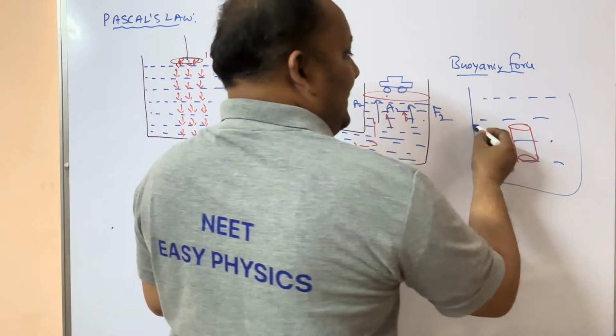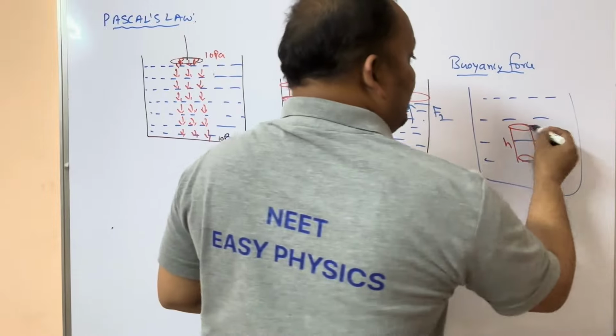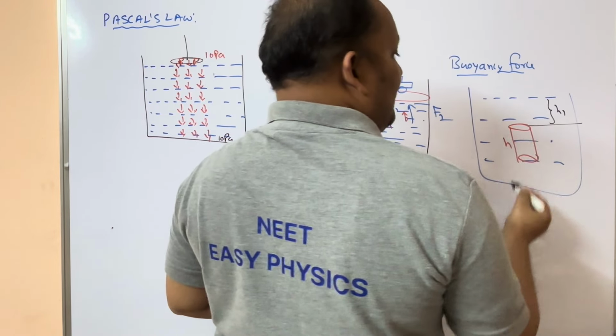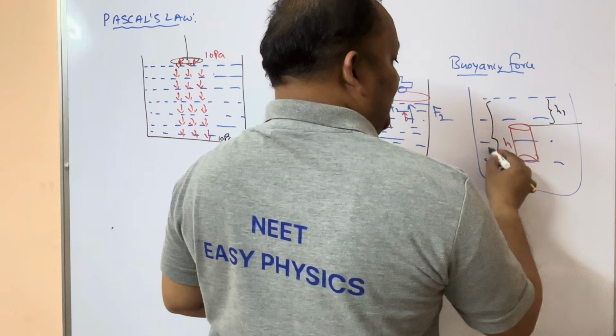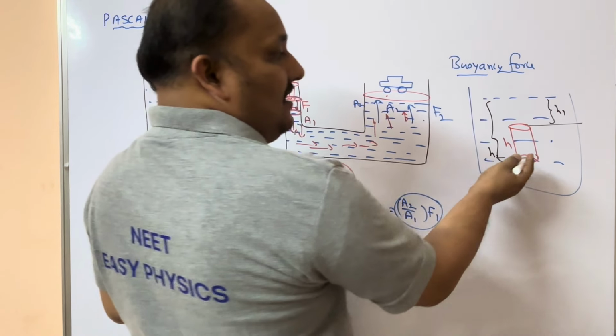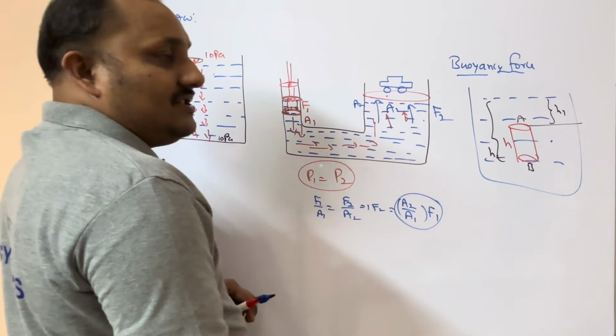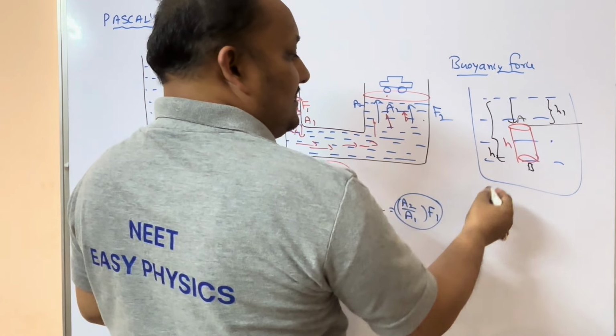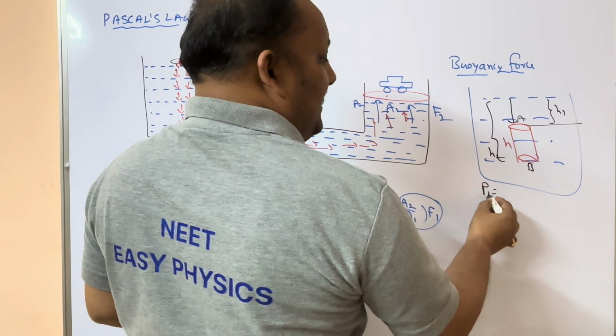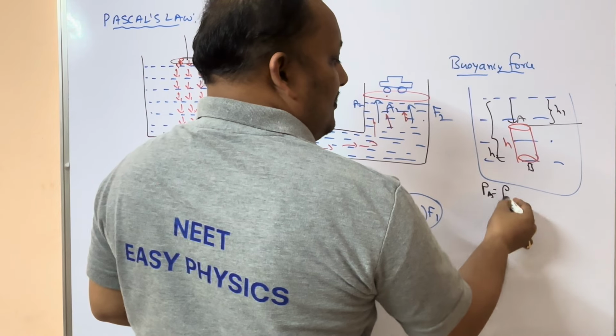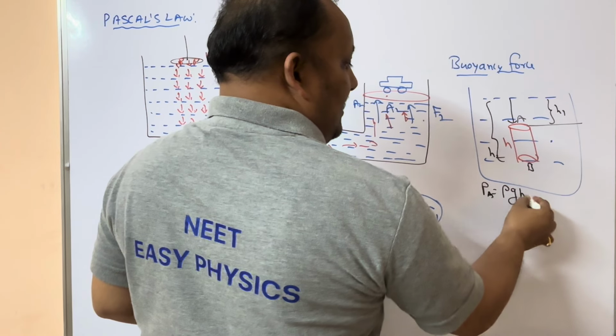The top surface A is at a depth h1 from the surface, and the bottom surface B is at a depth h2 from the surface. Then how much force is going to act on A and B? Pressure acting on A, PA, is equal to rho g h1.